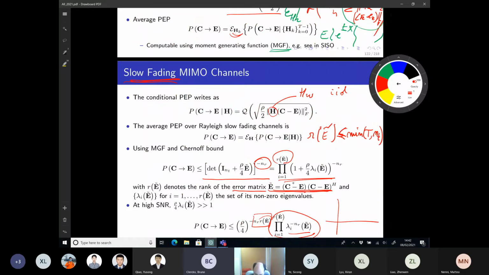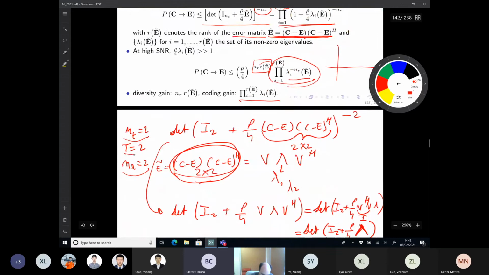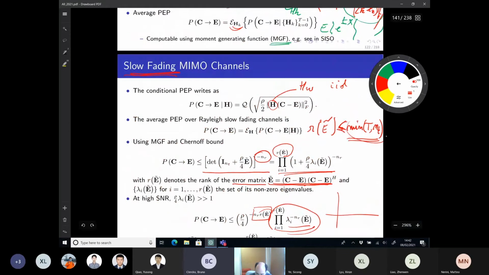If you have C minus E with just T equal to 1, then the rank of this would be equal to 1. So the rank of this error matrix is at most equal to that. So in the example I gave here, if T is equal to 2 and NT is equal to 2, the rank is at most equal to 2, right? So the maximum rank you can expect is 2 for this error matrix. So you should aim to have this maximum rank, which is 2 in this example.